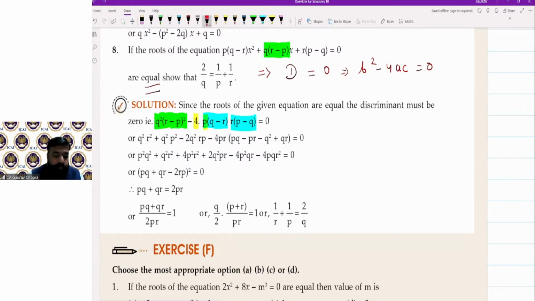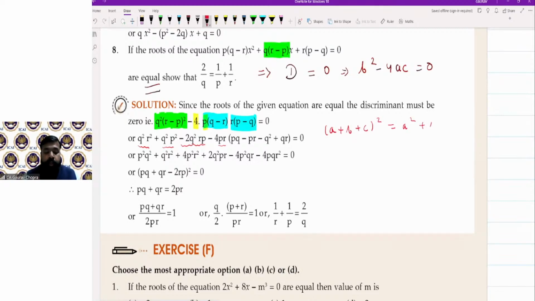So on multiplying, we are getting q square r square, then q square p square, then minus 2q square rp. So all these values we have got and we have taken this as common. Now on simplifying we will get the whole square. Now what is the formula for a plus b plus c whole square?